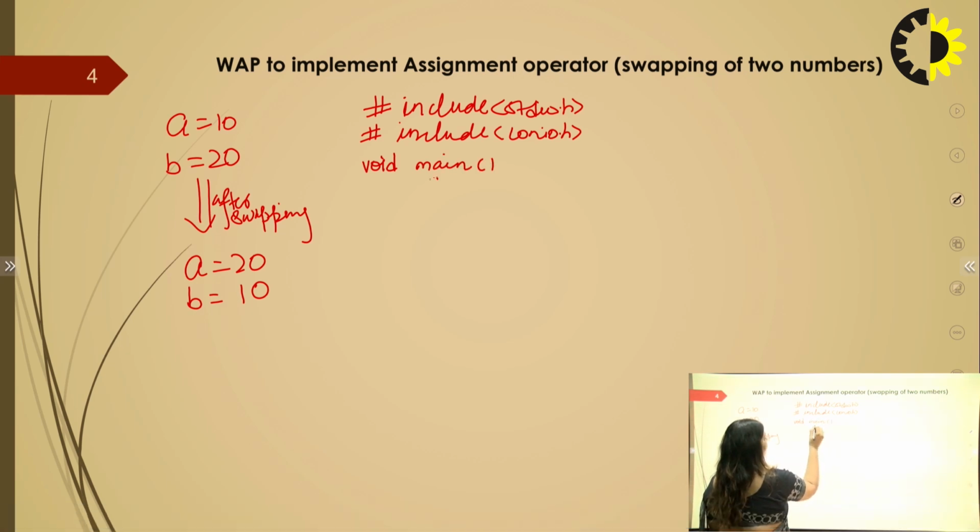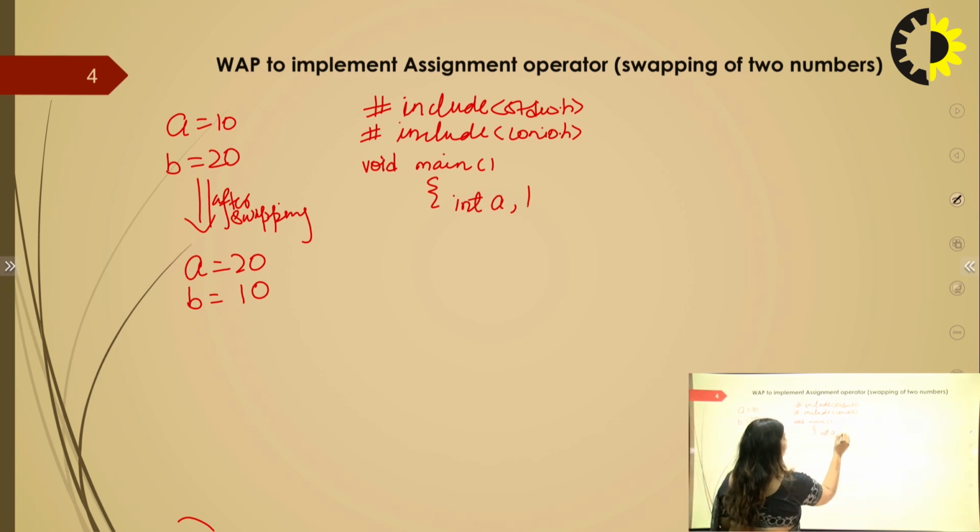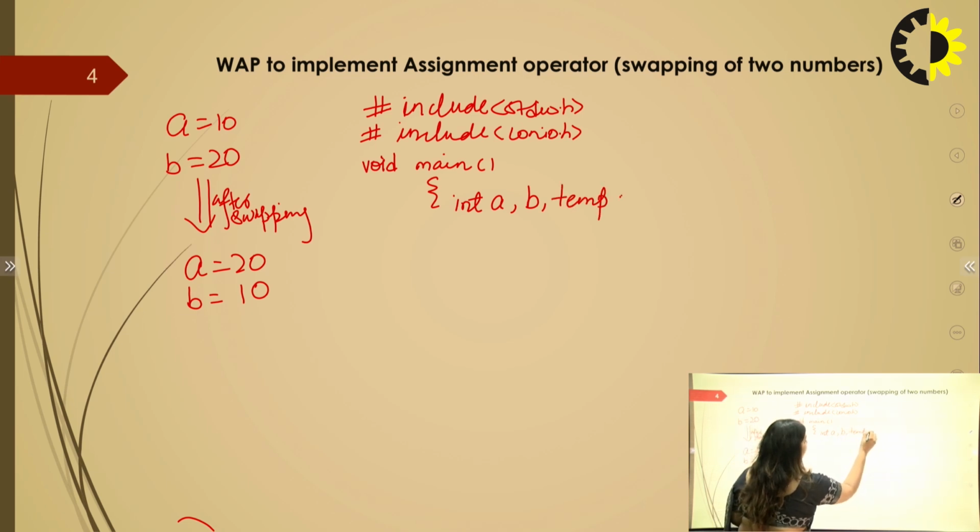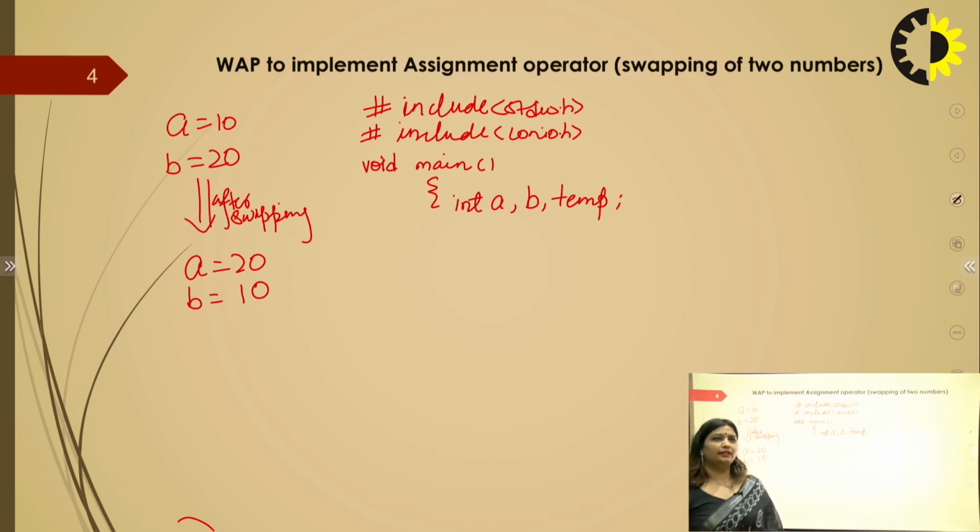Now declare the two variables here, int a and b, and one extra variable, say temp. Temp is used for temporary storage.